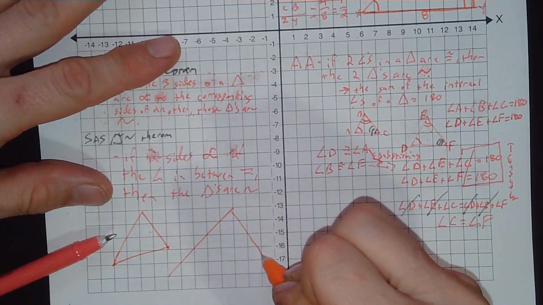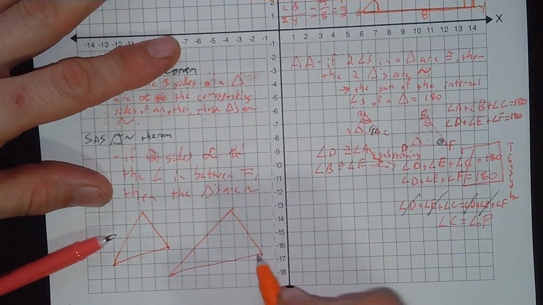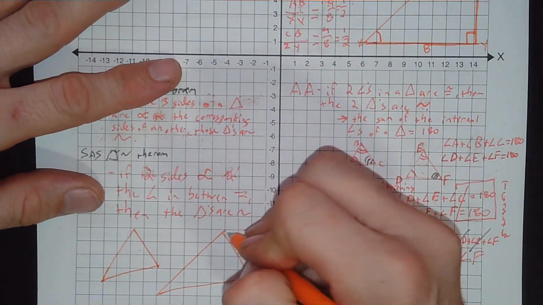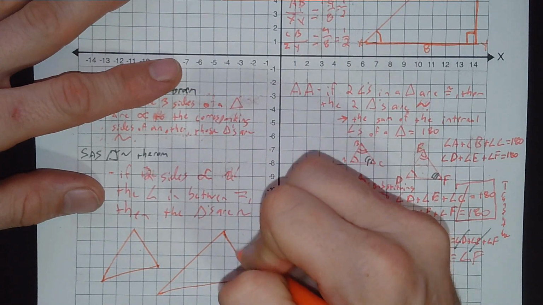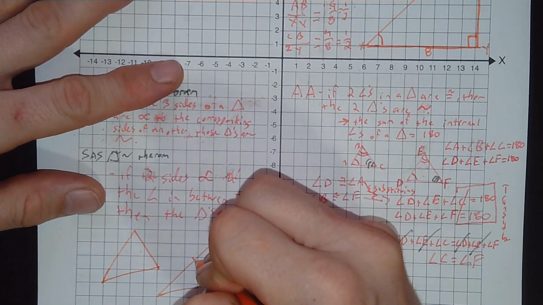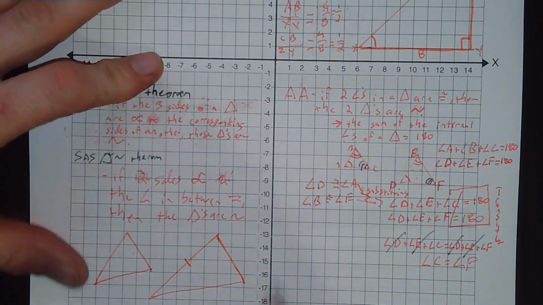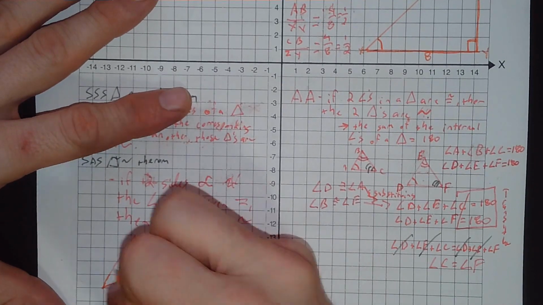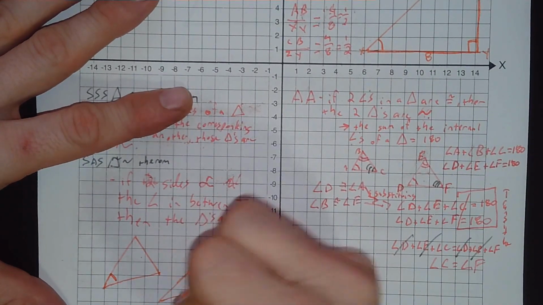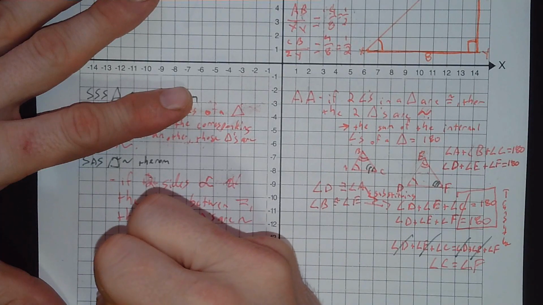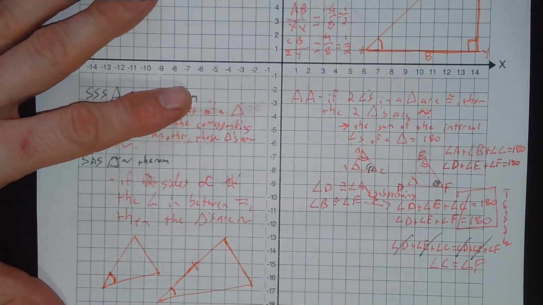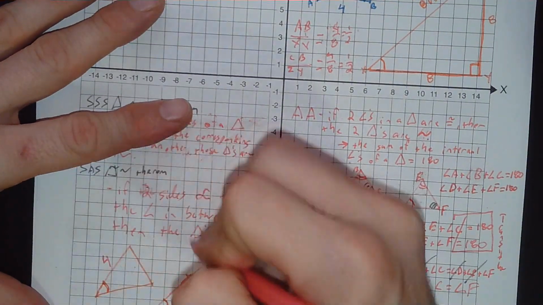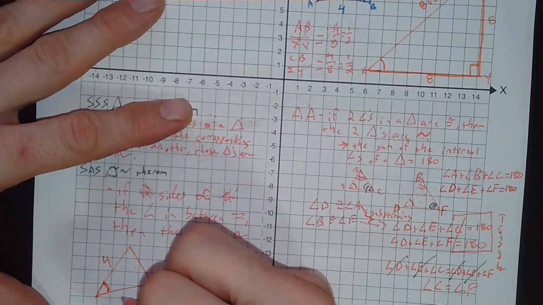I don't know if those are actually similar, but let's say this angle here and this angle here are congruent, and we'll say this is 4, this is 6, this is 5.